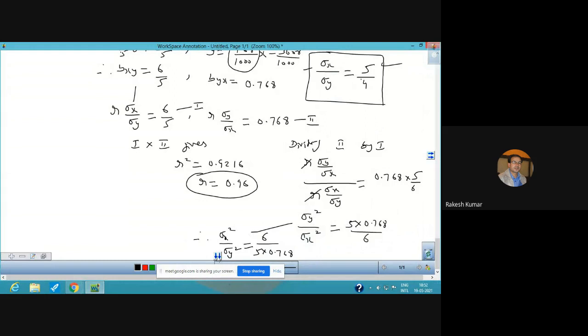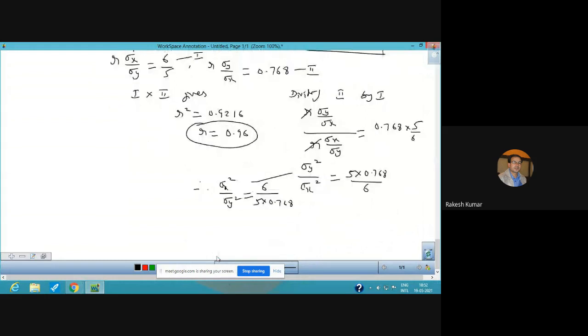So we can get sigma x over sigma y, and it comes out to be 1.25.